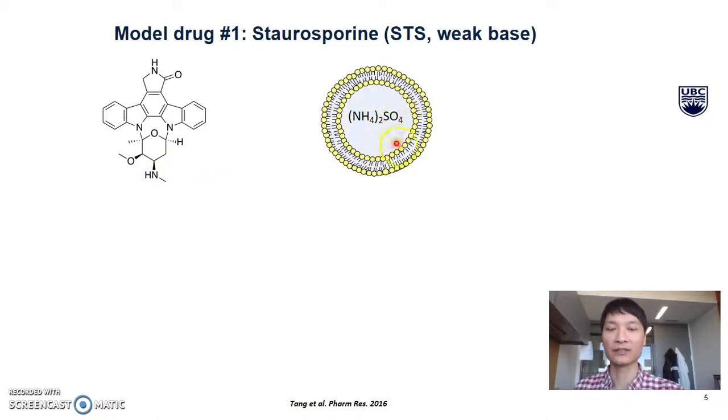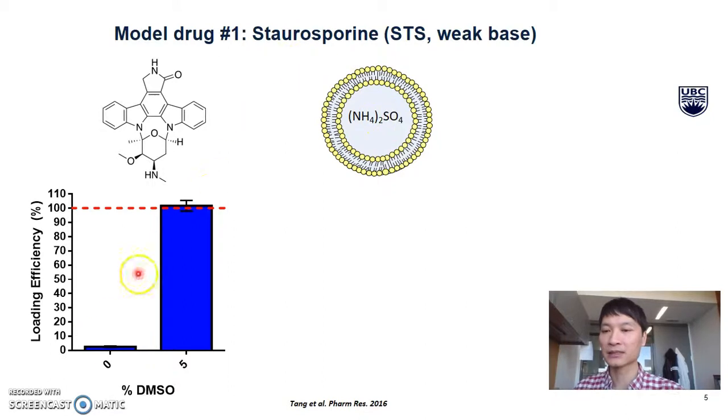So we generate the ammonium sulfate gradient liposomes and then compared the loading efficiency of the Starsporin into the liposomes in the presence or absence of DMSO. So in this case, we are comparing no DMSO in the loading mixture or the loading mixture containing 5% DMSO.